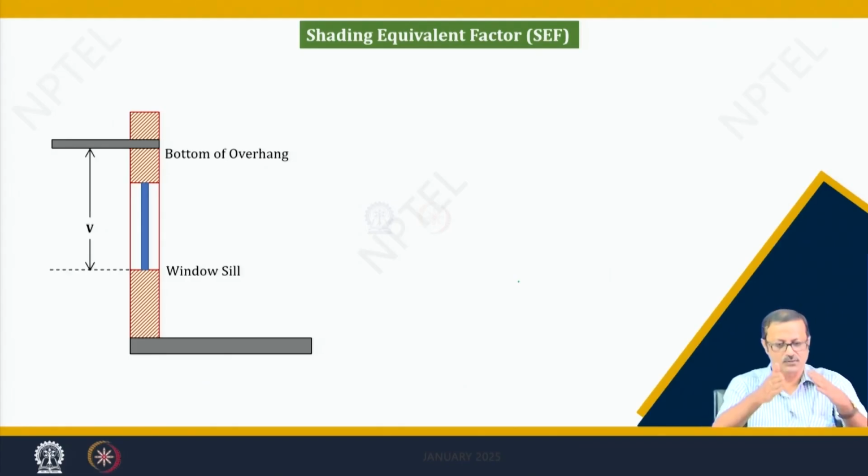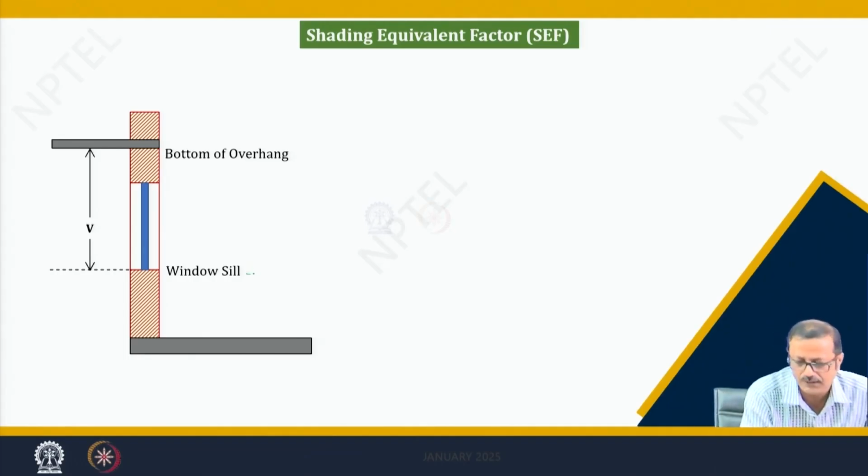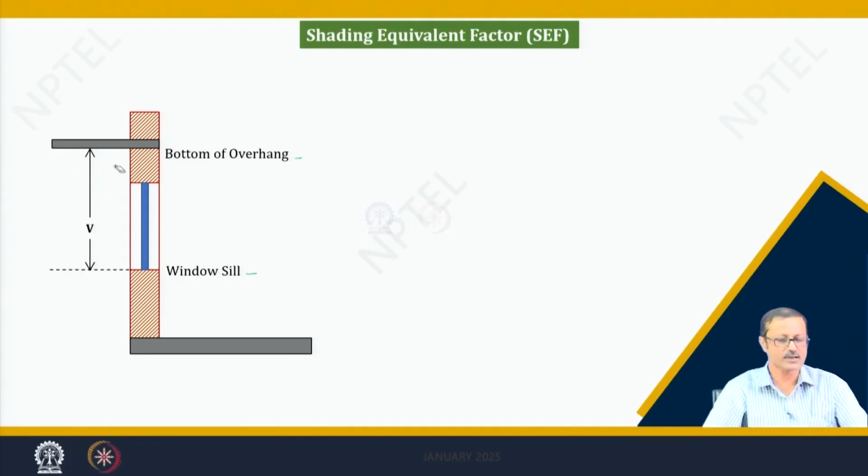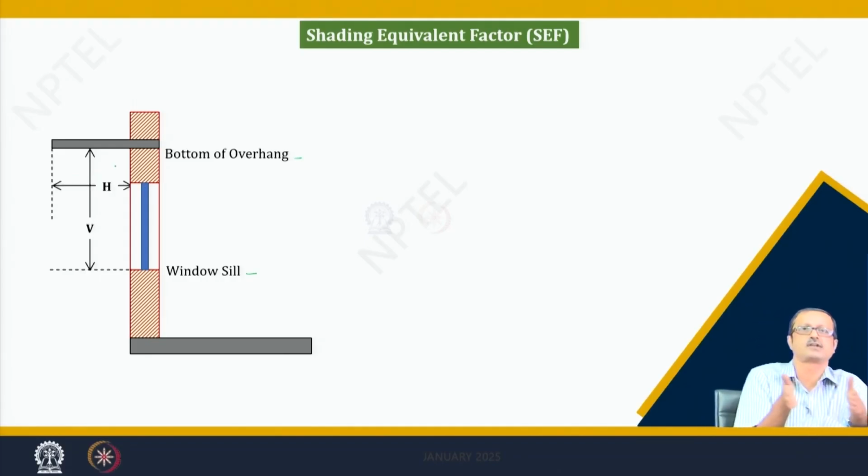In this we can find out the vertical depth from the sill level to the bottom of the overhang. If the overhang is your chhajja or the sunshade is here, then this will be your V. I have just drawn it a little bit above. So, it is your V, and this is your H, the horizontal projection.